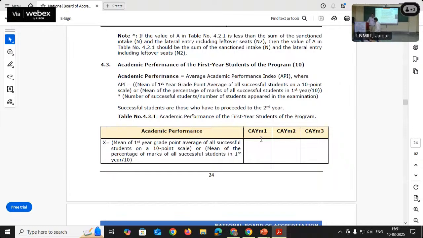That's why, sir, your MIS and ERP will help with this, automatically calculating this average for all the electronics or mechanical students. So does that mean we need to do the CO exercise for those specific ones? No, sir, this is criteria 4.3.